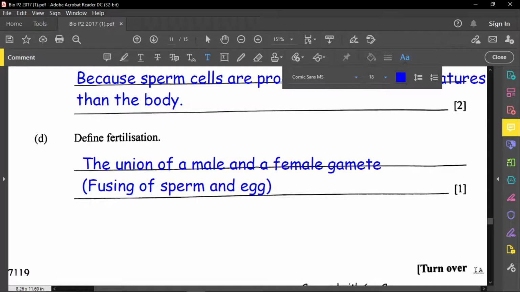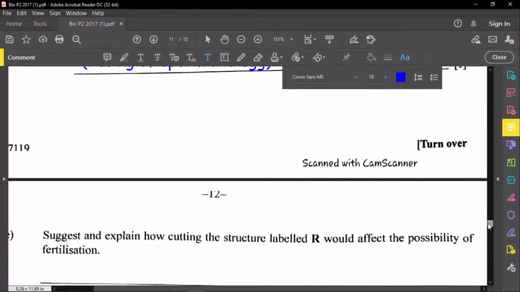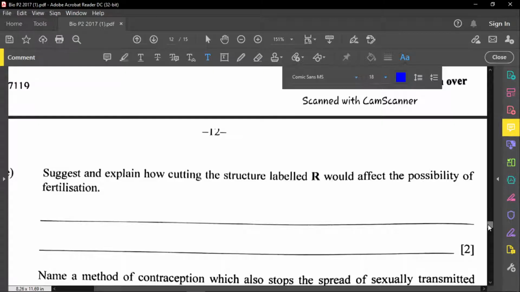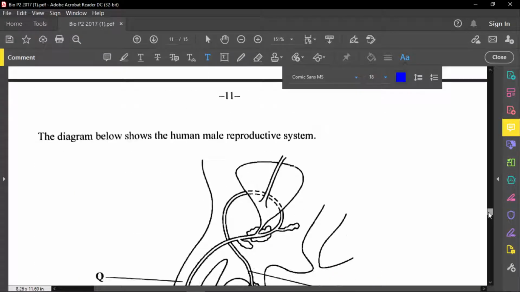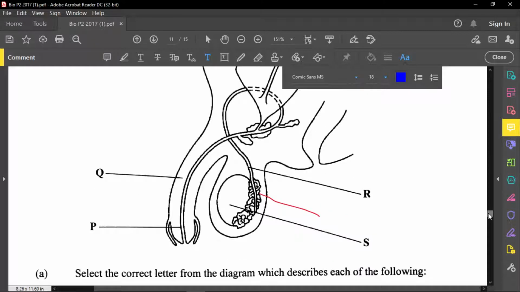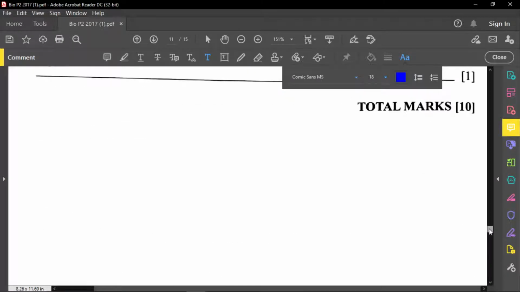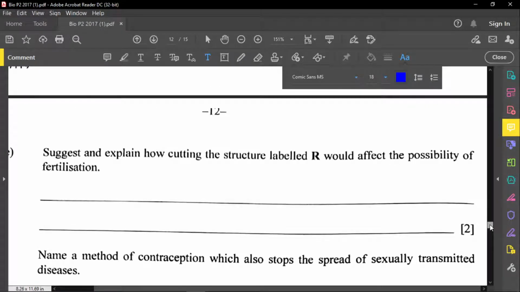Now next question. It says suggest and explain how cutting the structure labeled R would affect the possibility of fertilization. Let's look at what R is. R is the sperm duct, or the vas deferens. Cutting the sperm duct means it cannot transport any sperm outside the body. So the sperm are not able to leave the body.